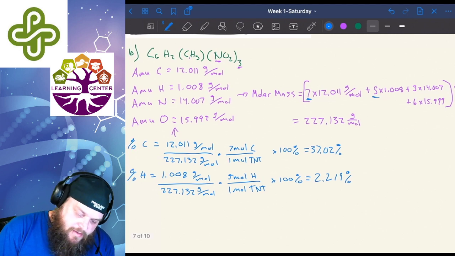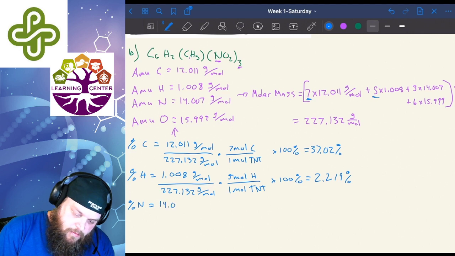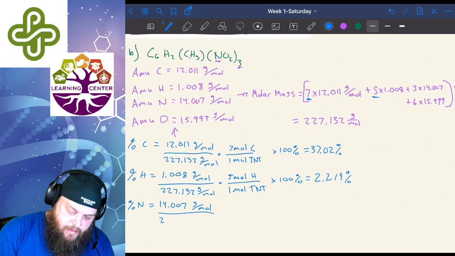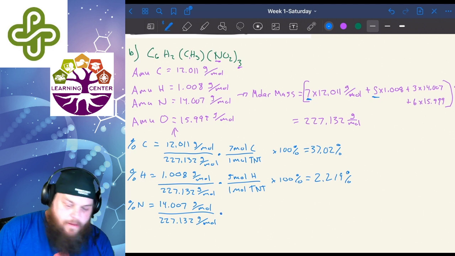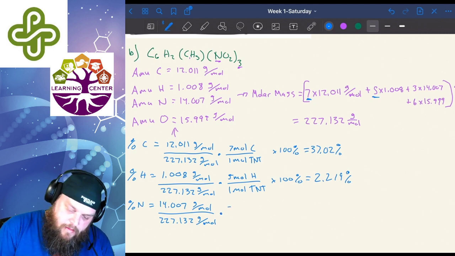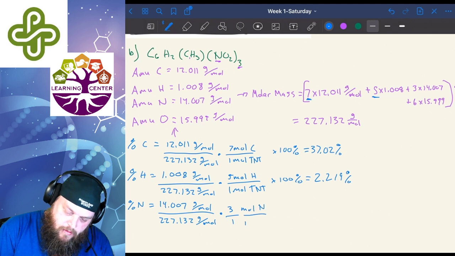Next is nitrogen. The percent nitrogen is equal to 14.007 grams per mole divided by 227.132 grams per mole, and multiply that by 3 to 1, 3 moles of nitrogen per mole of TNT, times 100%.